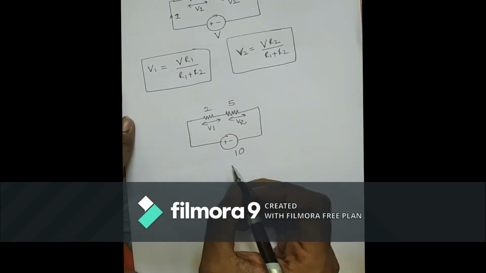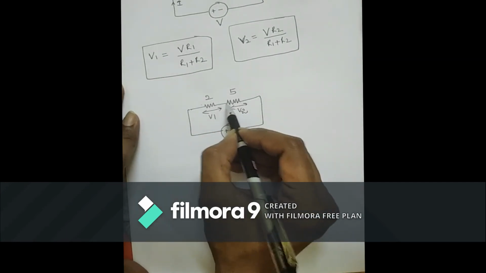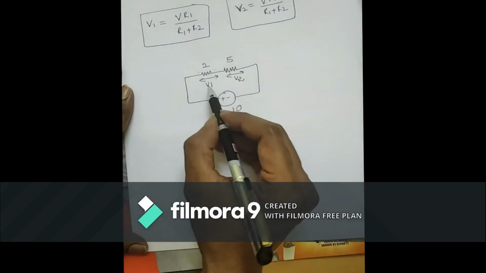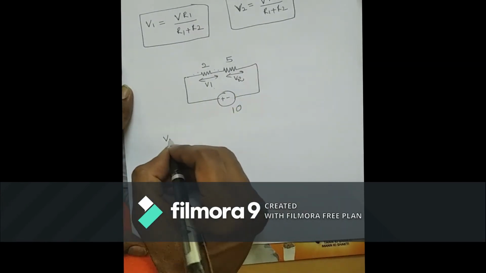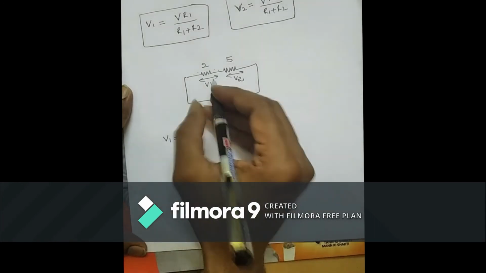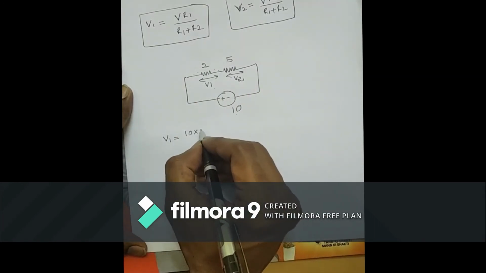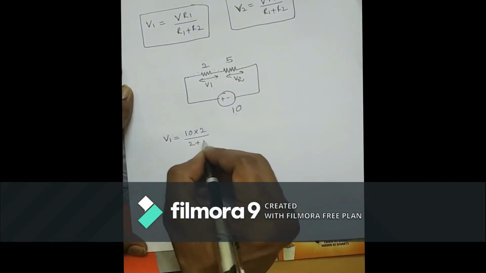I will use this voltage division rule. First I will calculate the voltage across this 2 ohm, V1. V1 is the applied voltage 10 times the resistance of this branch 2 ohm, divided by the sum of the resistances, 2 plus 5.